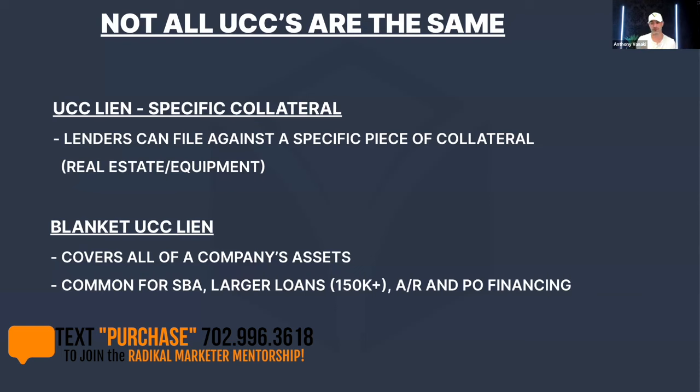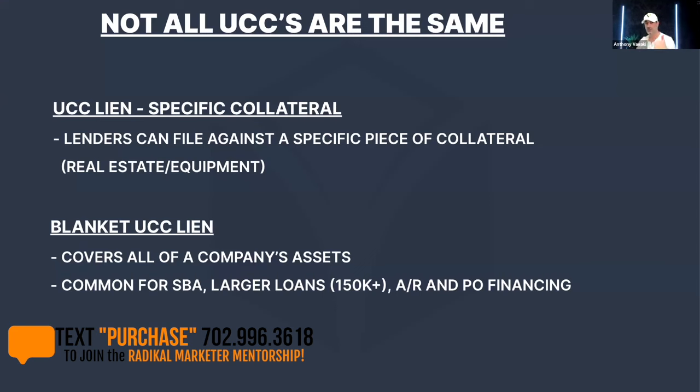And we want to be in first position, because of what happens when you have these UCCs, which is a good point to my next slide: you can have UCCs on specific collateral, like real estate or equipment. There's another one called a blanket UCC, which covers all your assets. Very common for SBA, or if you're going for larger loan amounts, with thresholds of 150, 250,000 or more.